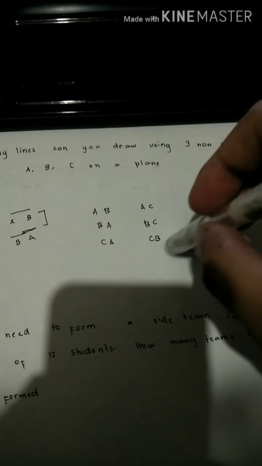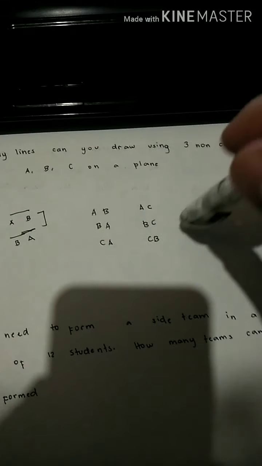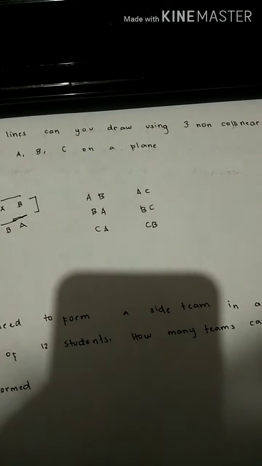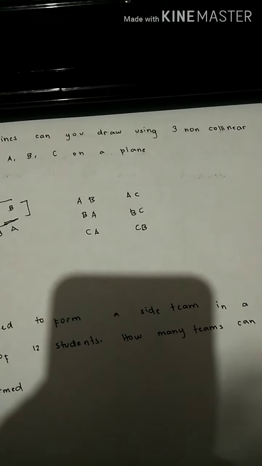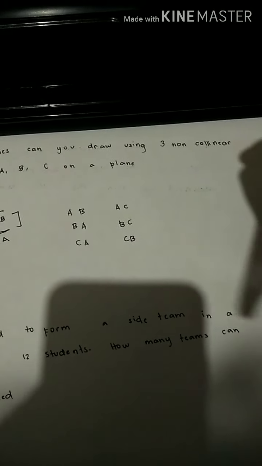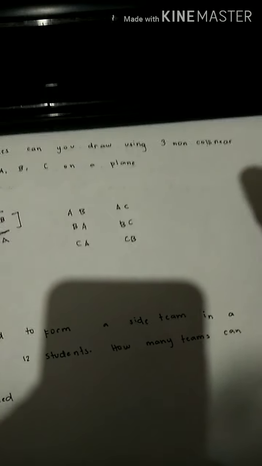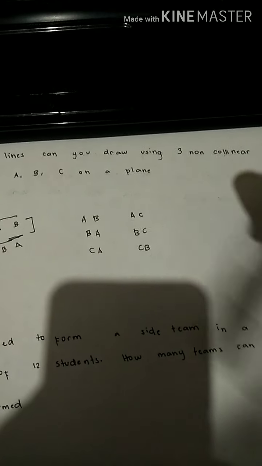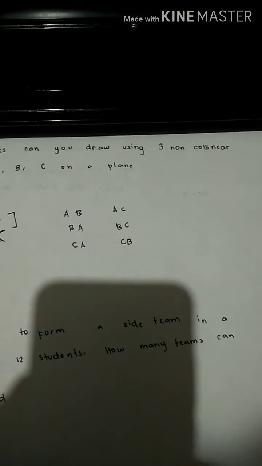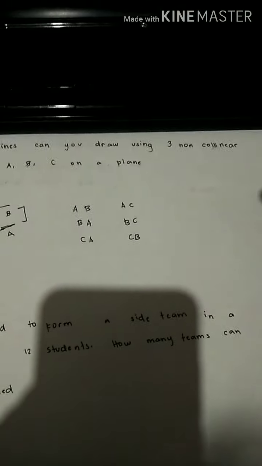Line AB is the same as line BA, same for lines AC and CA, and BC and CB. The lines are AB, BC, and AC, 3 lines only. So in fact, we can draw 3 lines and not 6, and that's because in this problem, the order of the points A and B is not important. This is a combination problem, combining 2 items out of 3, and it is written as follows.